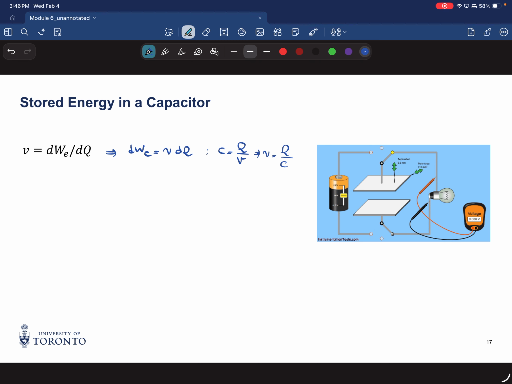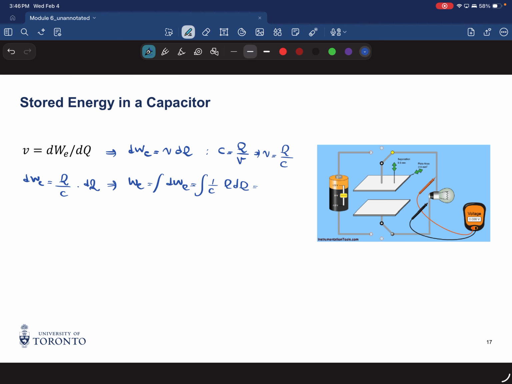Yeah, one way is to do it that way. So dWe is V dQ, and we found V, so it's Q over C dQ. Then WE is the integral of dWe, which is the integral of 1 over C Q dQ.